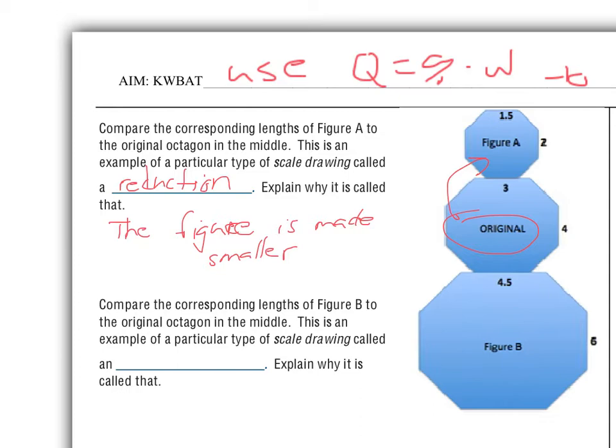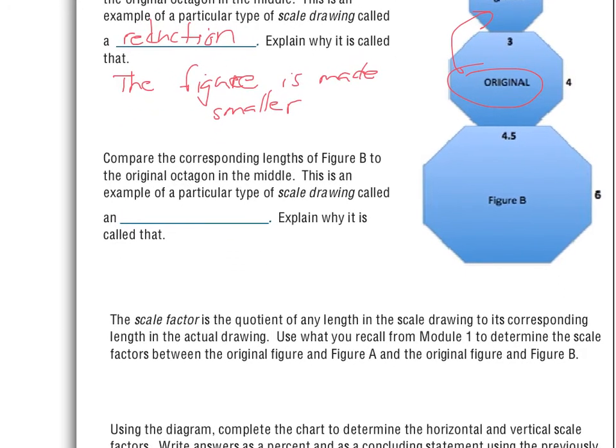When we look at the other direction, when we're going from the original to figure B, which we can see is larger, we call this an enlargement. And we can see that word large in there as part of our root word, and enlarge means to make larger.